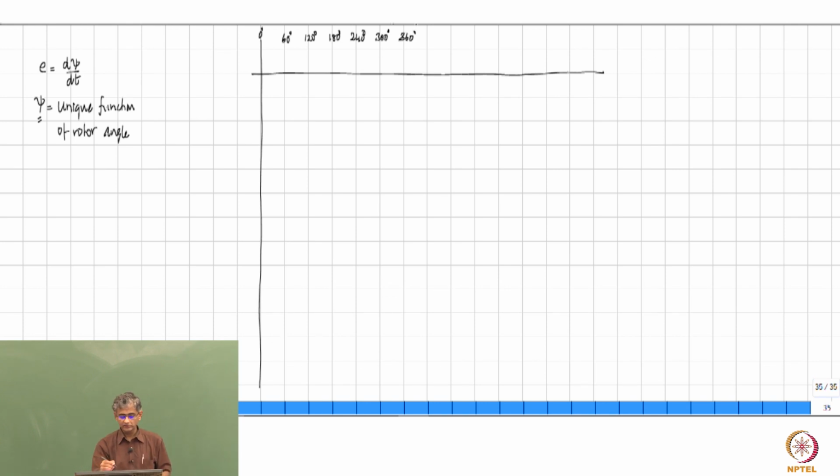So I am drawing 60-degree intervals. So we are going to have the waveform looking like this. Then you have Y. Then we have B.